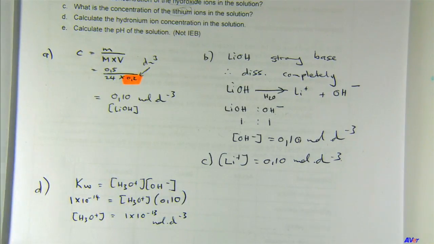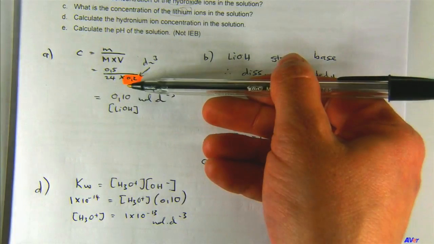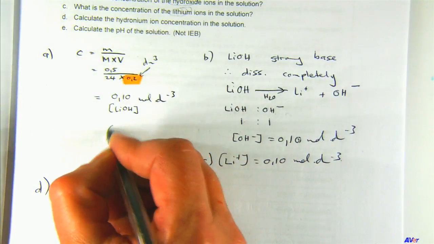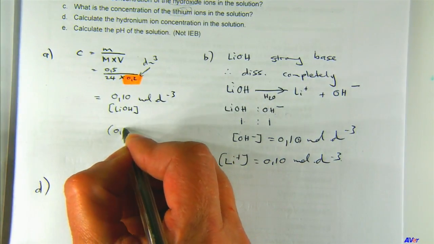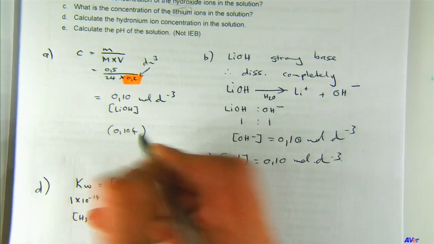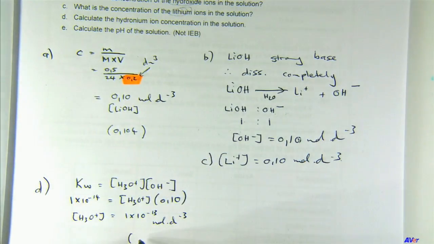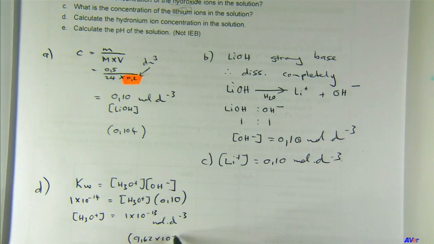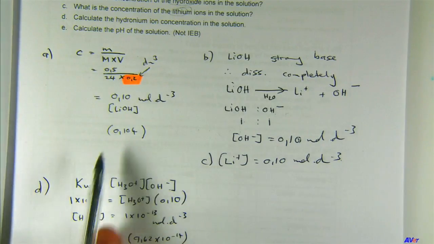Right. Now, if you haven't rounded off there at the top, if there at the top you left it as 0.104, then you would have ended up here with 9.62 times 10 to the minus 14. It looks a lot different, but it is actually not. Right. So it depends on your rounding.